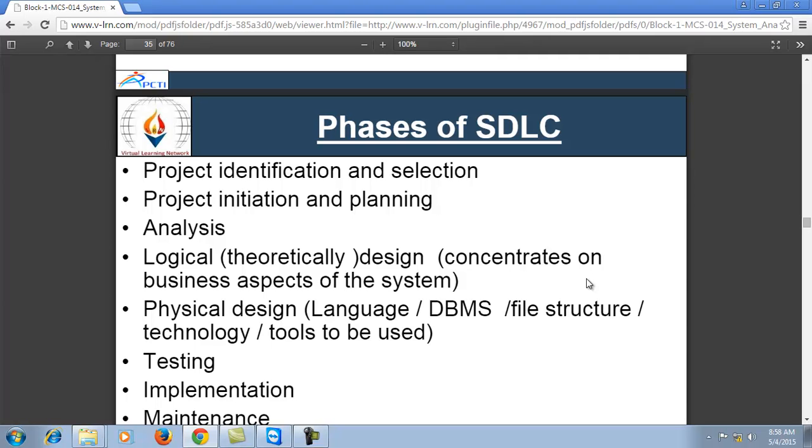If we are saying that we have developed a plan for the system development life cycle of a particular project, it means we have the answers to these two questions. The first one is what we are supposed to do and the second is how we are supposed to do it. Any planning, with respect to any context, gives the answers to these two questions: what you are supposed to do and how you are supposed to do it.